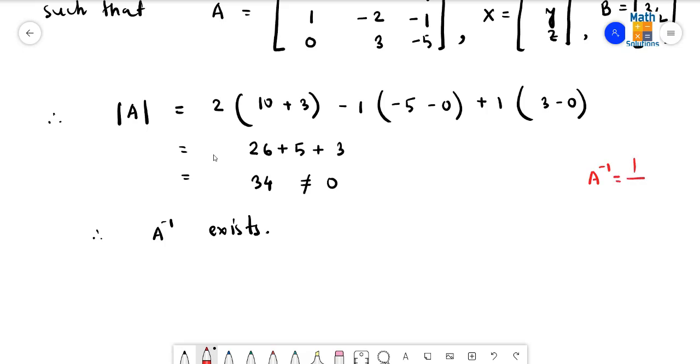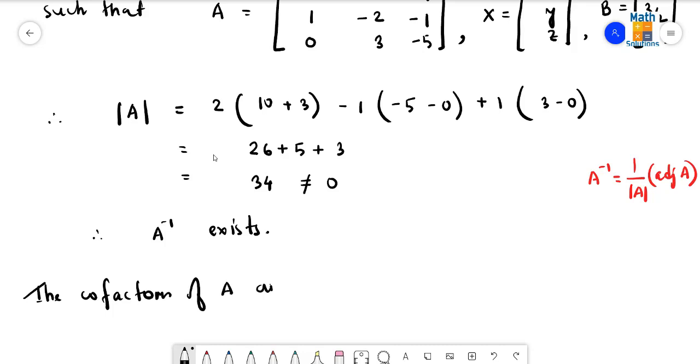For A inverse, we know that it is 1 by determinant of A into adjoint of A. So for finding out adjoint of A, I have to find out the cofactors of the elements of A. So the cofactors of A are, for my convenience, I am going to write down this matrix here so that it becomes easier for me to evaluate the cofactors. 2, 1, 1.